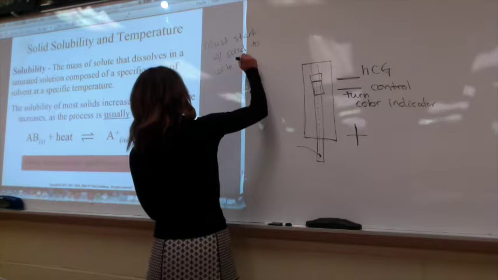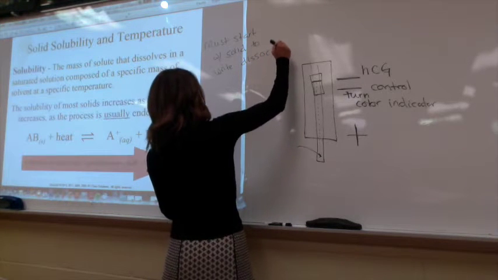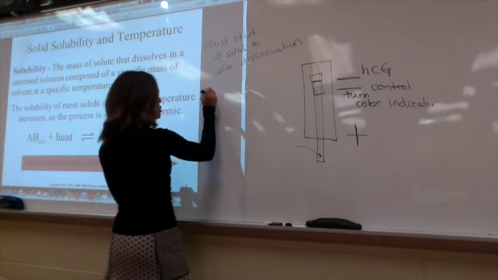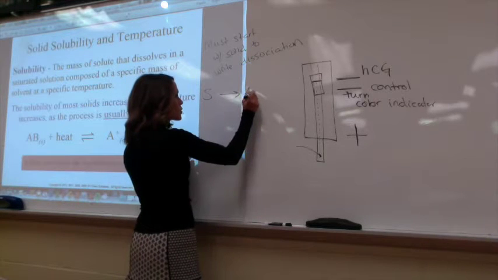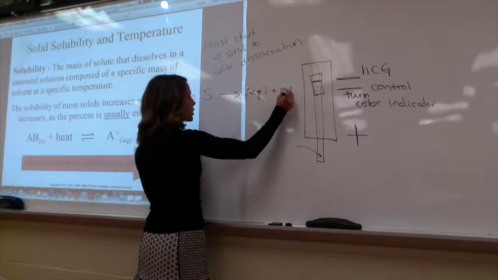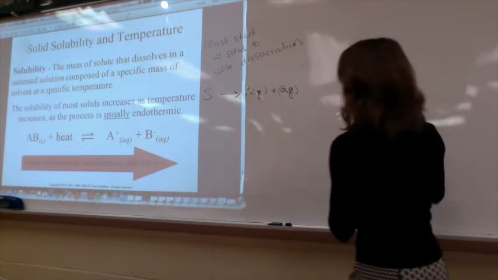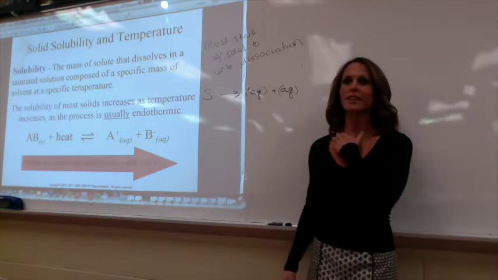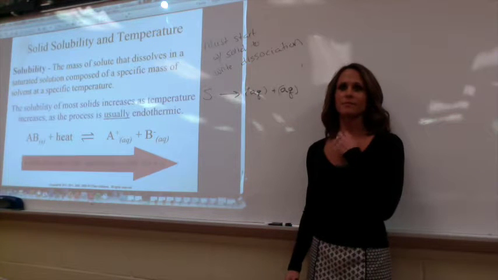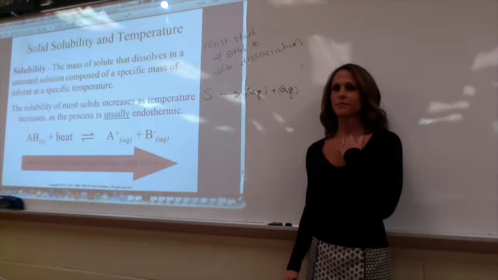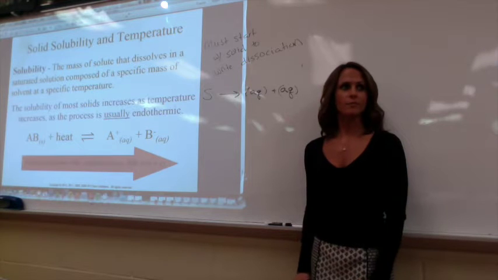And it's a dissociation reaction. Dissociation means that you break it apart into its ions. So it should always say solid goes to aq plus aq. Always. You can't write it the other way. It has to be this way. If you write it the other way, you're going to get it wrong.